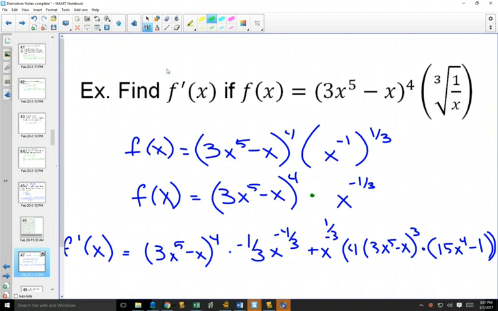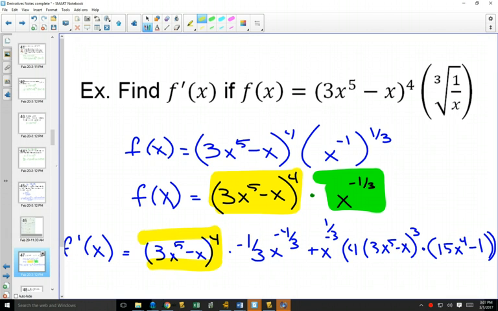Add the color coding here. So we had one function here multiplied by a second function here. So we kept our one function the same, multiplied by the derivative of the second one. Then we kept our second function the same and multiplied by the derivative of the first one. With the yellow one, we have a chain rule.